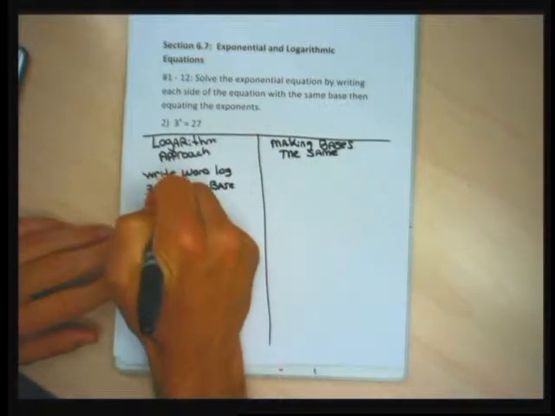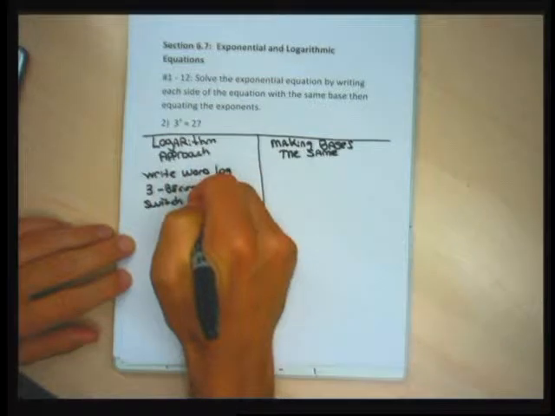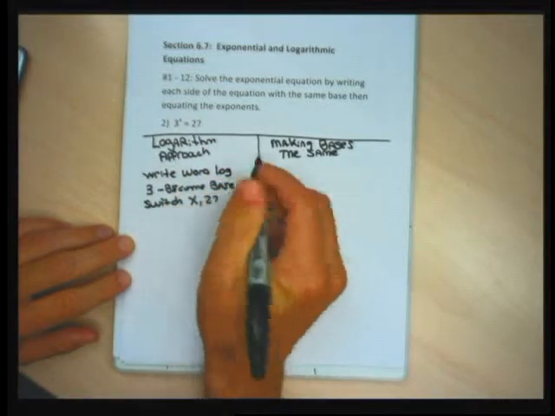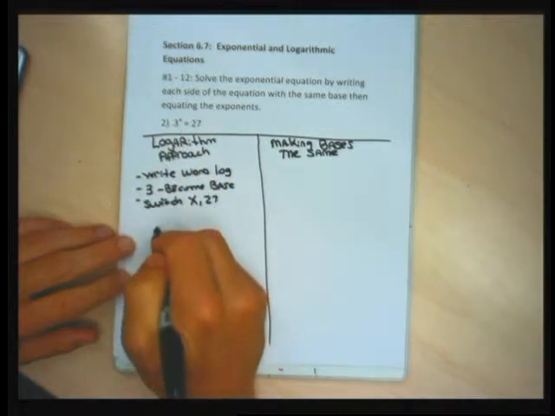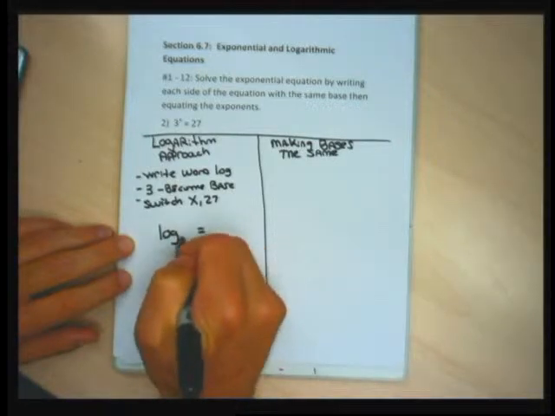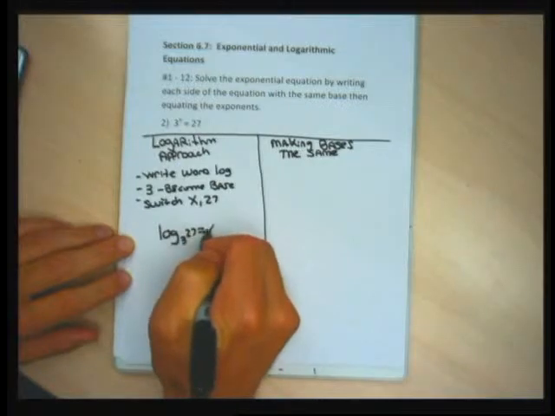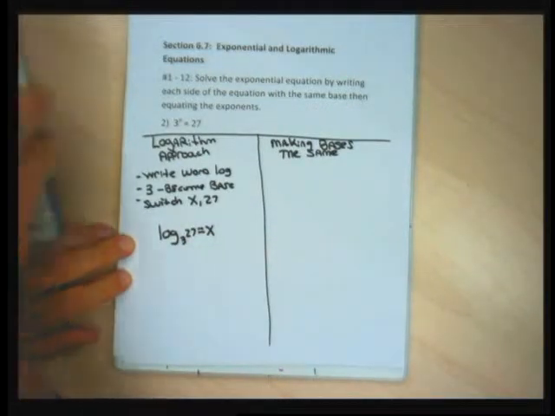Then I'm going to switch the x and the 27. When I have a problem that has an x in an exponent and an equal sign, this strategy will generally be very useful. So I just wrote log base 3 of 27 equals x.